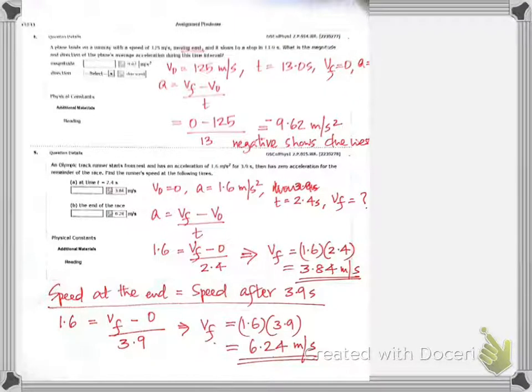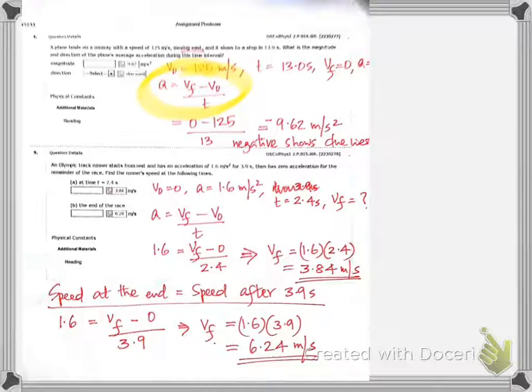Now on this page you have question number 4, which is straightforward. Initial velocity given, time, final velocity is 0, and you have to calculate the acceleration, and that's done using this equation. a is vf minus v naught by t. Negative sign shows that it's moving due west.